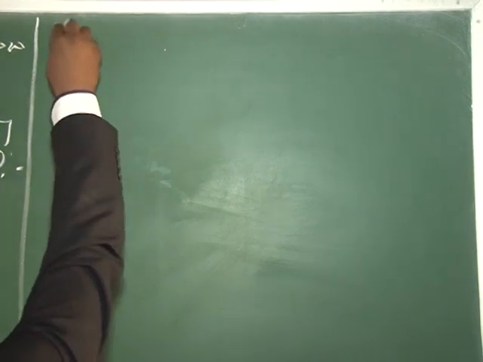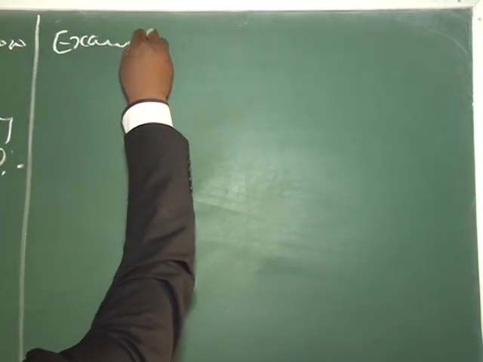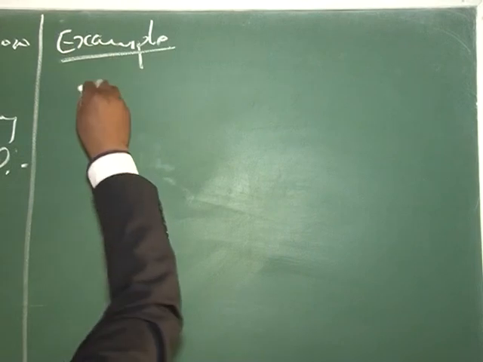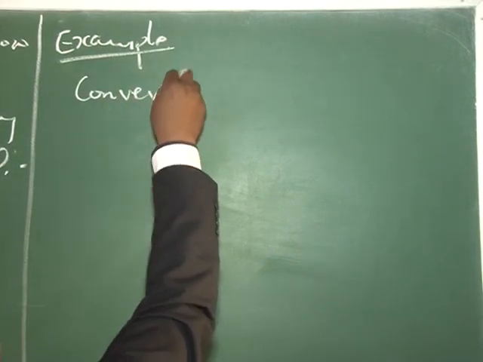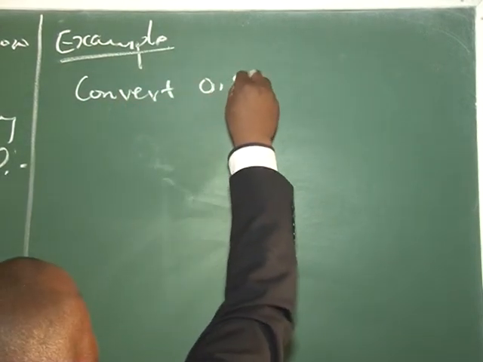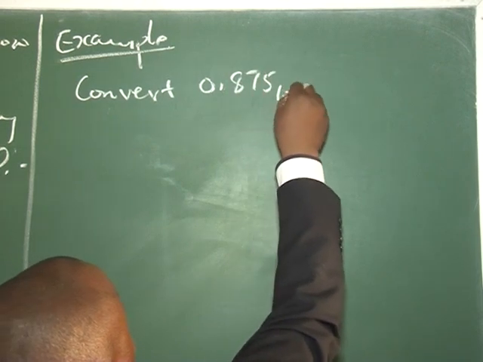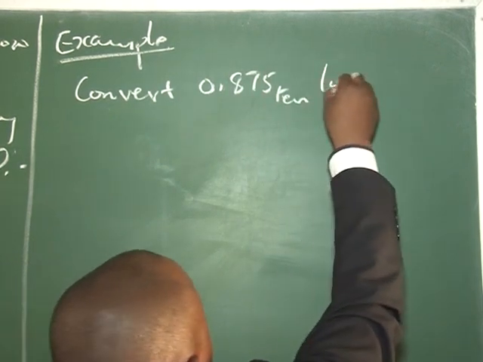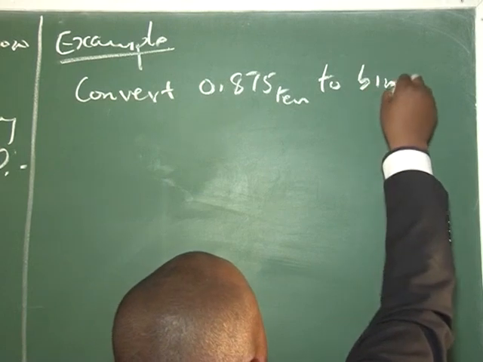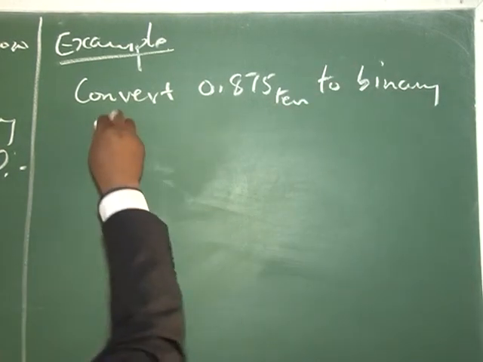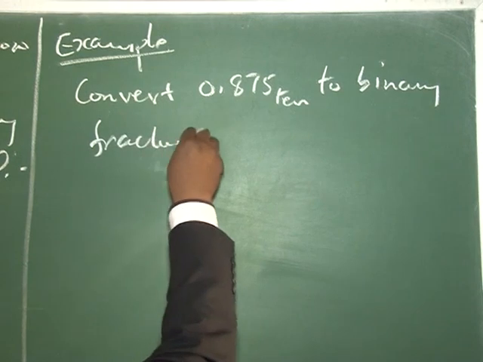Example: Convert 0.875 base 10 to binary fraction.